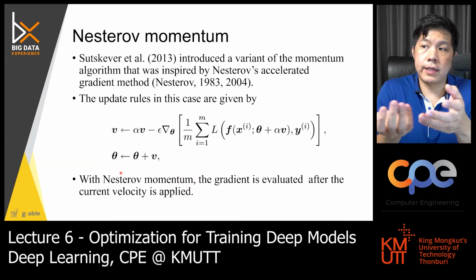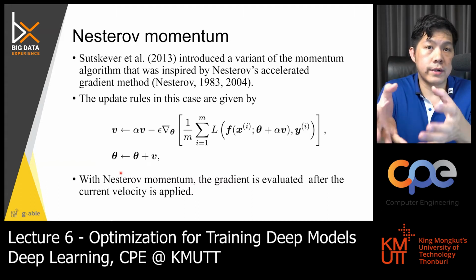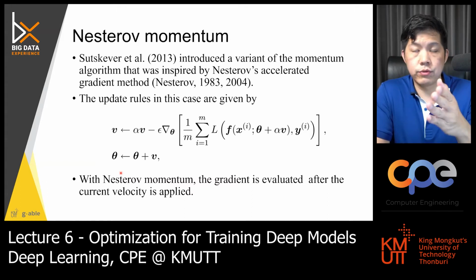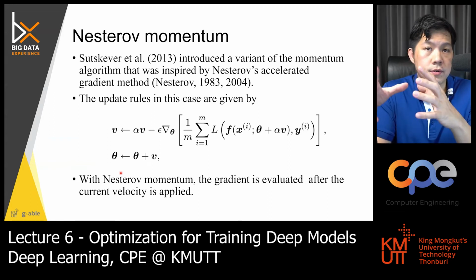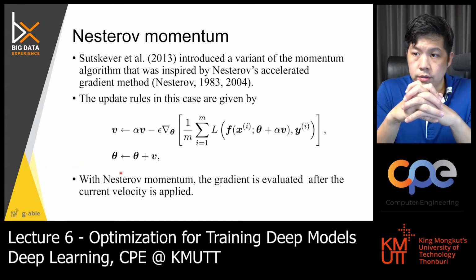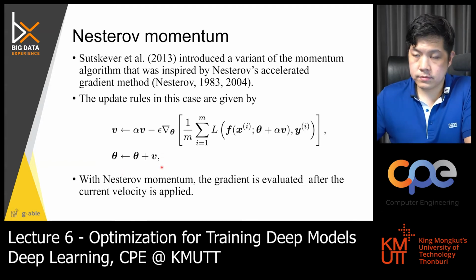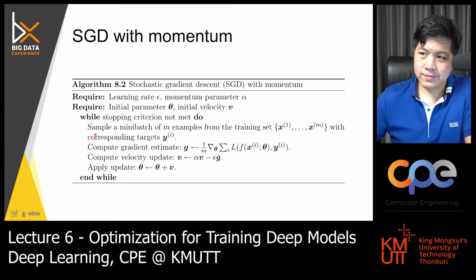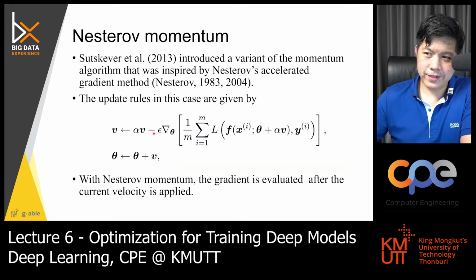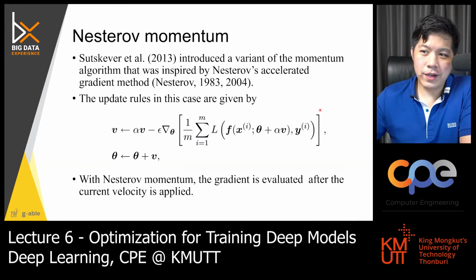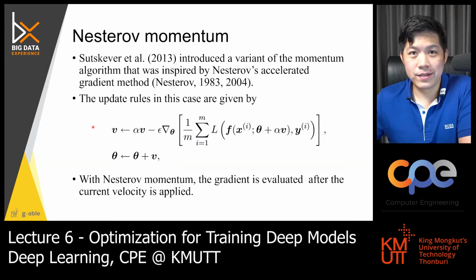It's inspired by the Nesterov accelerated gradient method by Nesterov in 1983 and 2004. So basically it is like this, but you may wonder, is there a difference between this one and the last one?